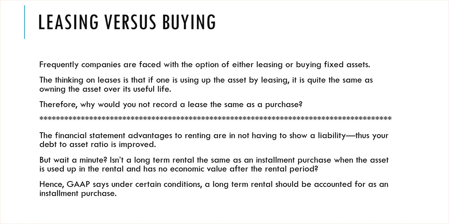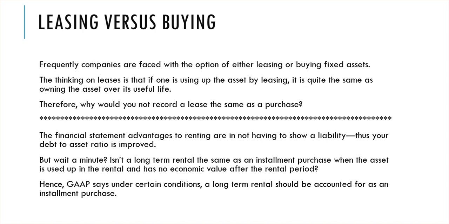And so in accounting, we say substance. What is the substance of the thing? What does it look like? Does it look like it's really a sale, or is it a rental? Because in a rental, you would have some value at the end of that rent agreement period. So the financial statement advantages to renting are that if you are renting something, you would show an expense and you don't create a liability.